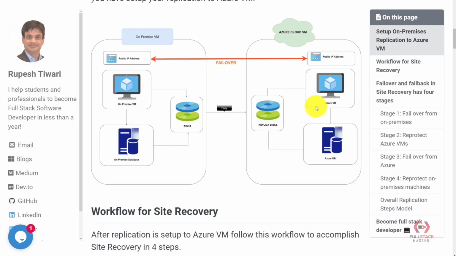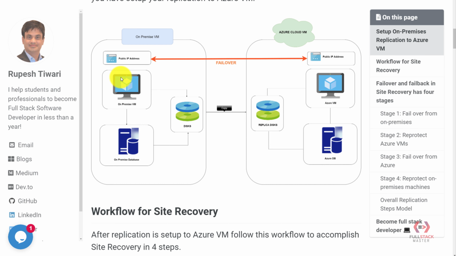It will have your virtual machine in Azure and your database set up in Azure, and Azure will be ready every time your replication is going on. Maybe your machines are turned off and just the replication disks are replicated when your site is up and running in the on-premises.